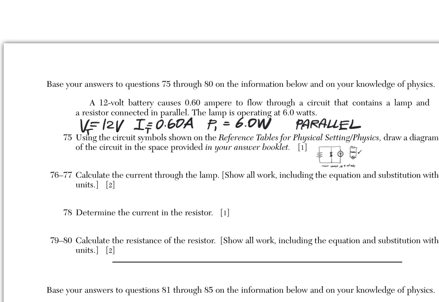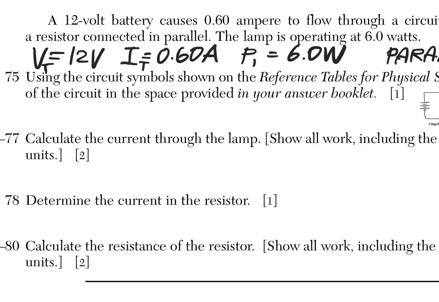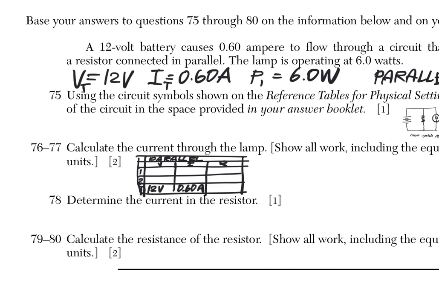Anyway, 76, calculate the current through the lamp. Show all work, yada yada. So let's make a table to collect our information as we know it. Parallel circuit, V, I and R. We know that the total voltage is 12 volts. We know the total current is 0.6 amps, and we don't know anything else. Oh, wait a minute.